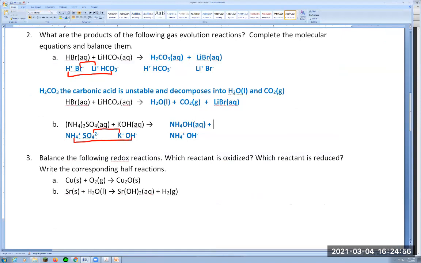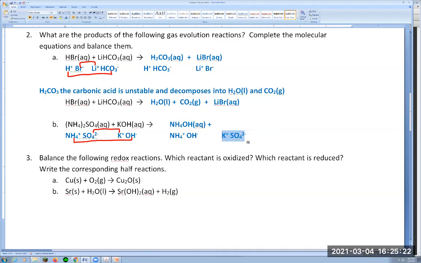Then we will make the other product from the potassium mingling with the sulfate. So here we will use the crisscross trick, right? We see that we have 2 negative charges there, but only 1 positive charge there. So the 2 of the sulfate charge will become a subscript for potassium.